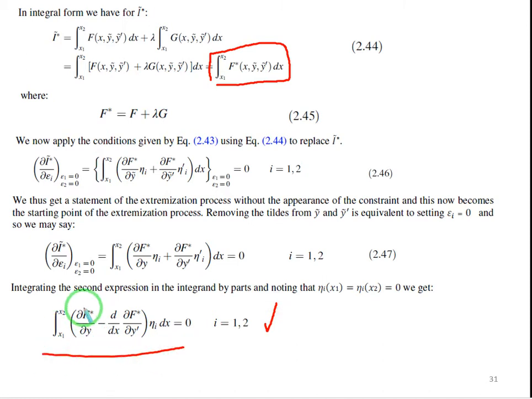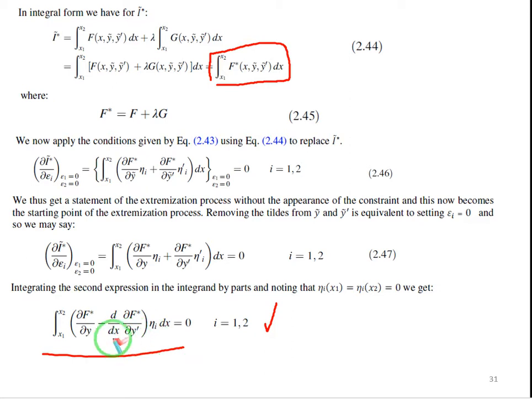Partial derivative of f star with respect to y minus d over dx of partial derivative of f star with respect to y dash, multiplied by eta i of x, is equal to 0, because eta i's are any arbitrary functions with admissible boundary conditions.